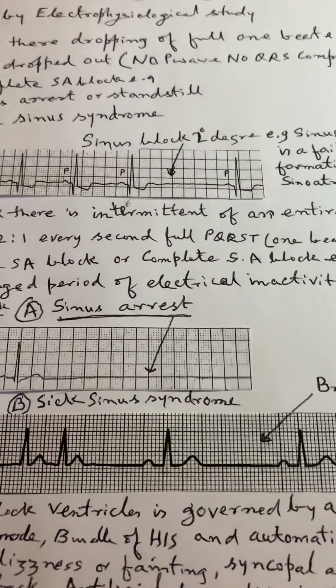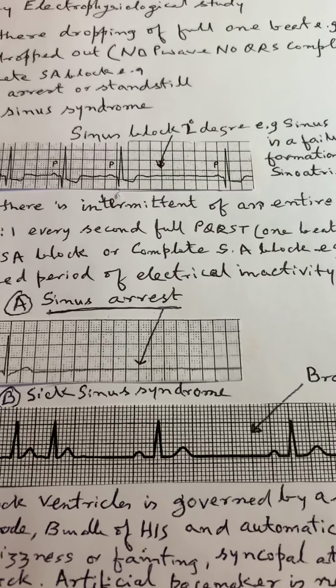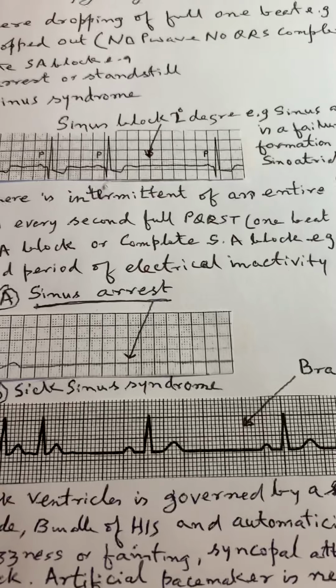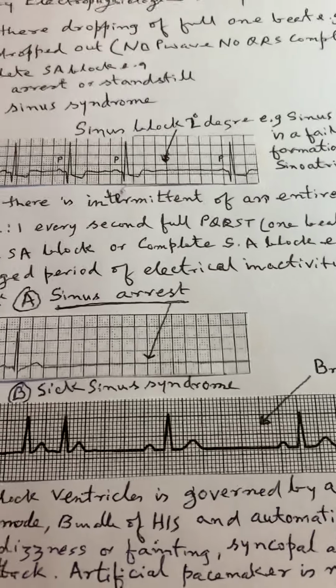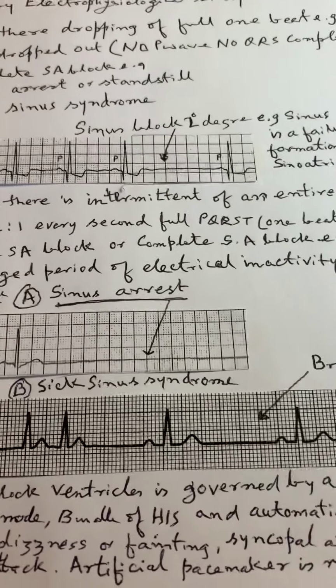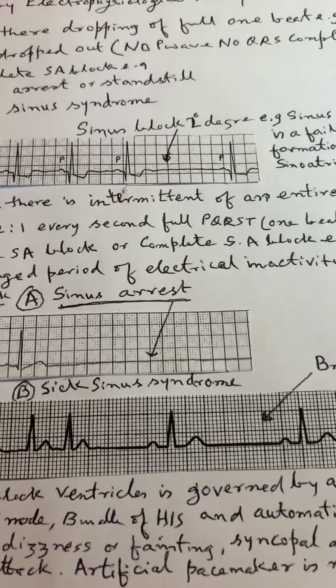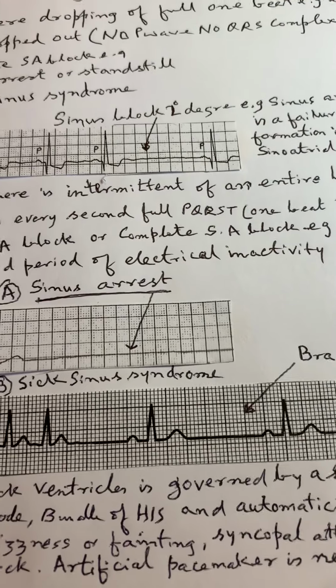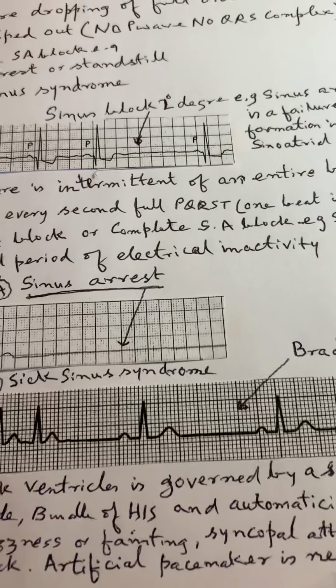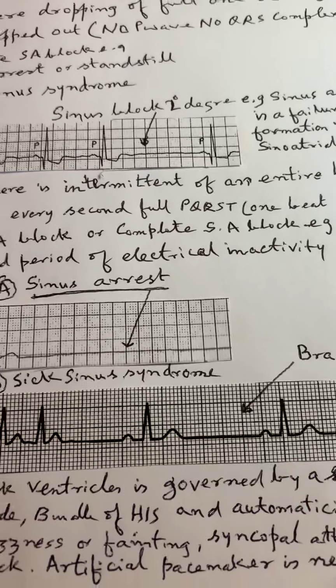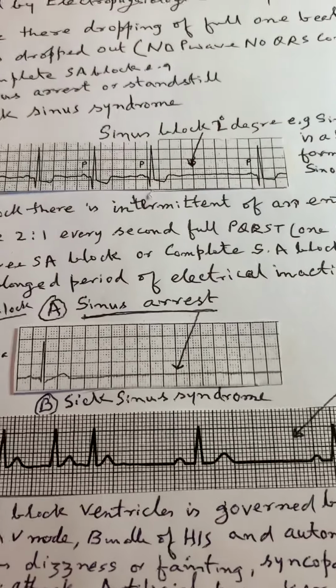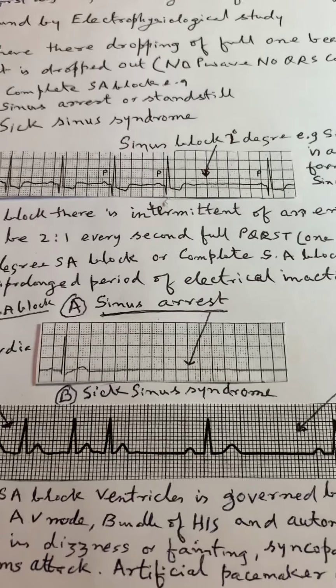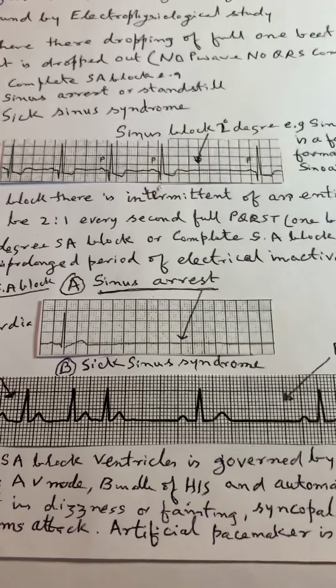The SA node is the pacemaker, but when the SA node is working, the AV node is working under the SA node. Now when the SA node is gone, then the AV node can take over. Sometimes the AV node also fails, then the bundle of His can take over. All these conductive systems of the heart have a property of automaticity.